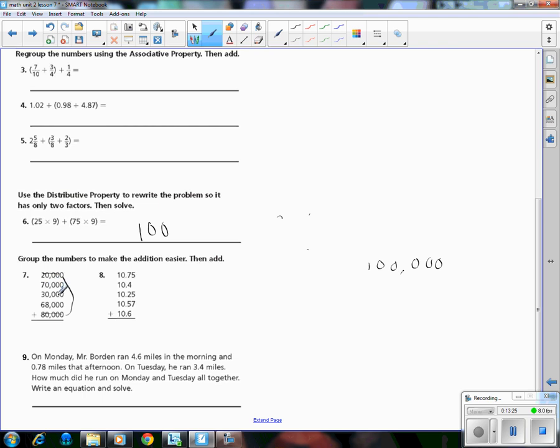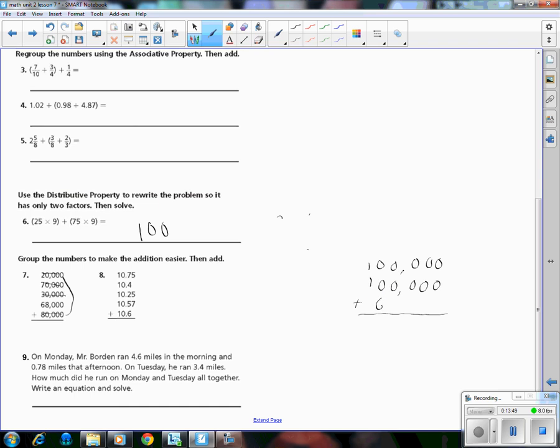And I look here, 70,000 and 30,000, that gives me another 100,000. And then I just have to look and see what I have left after grouping those together, which is 68,000.